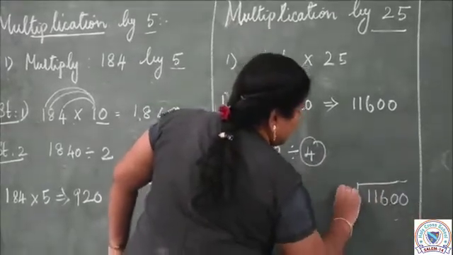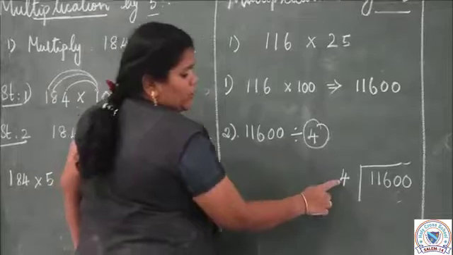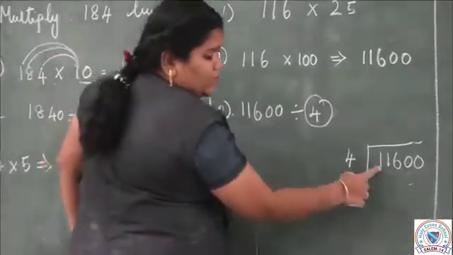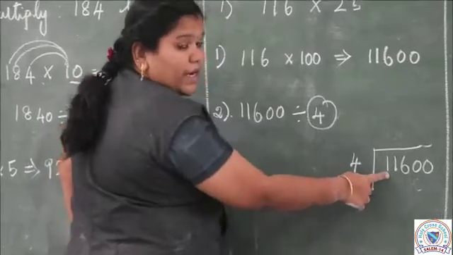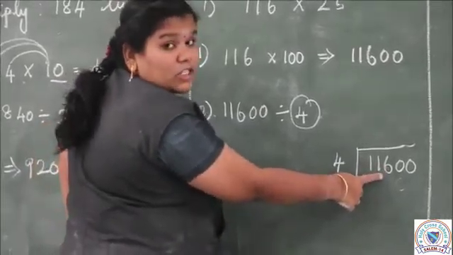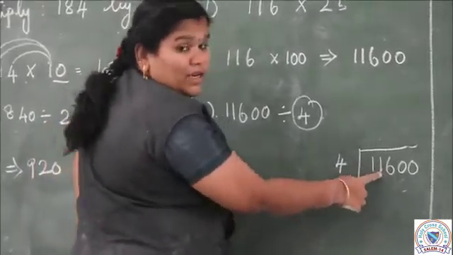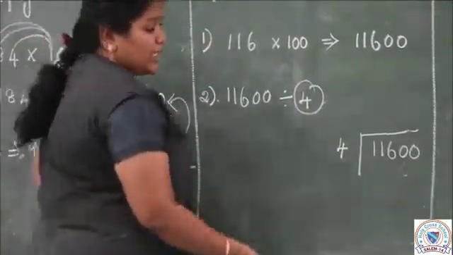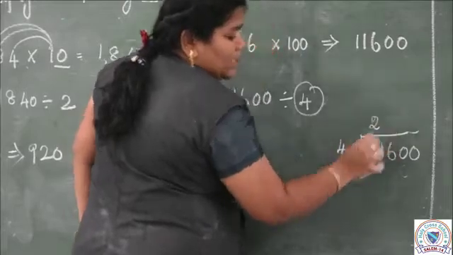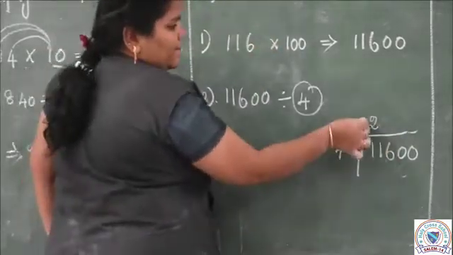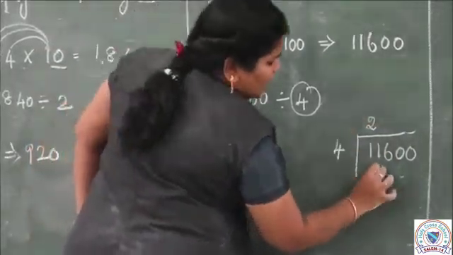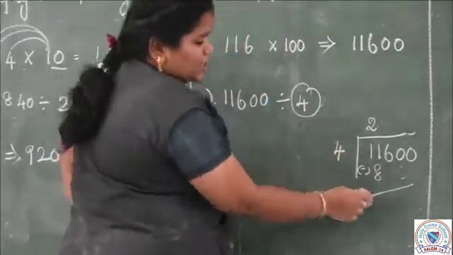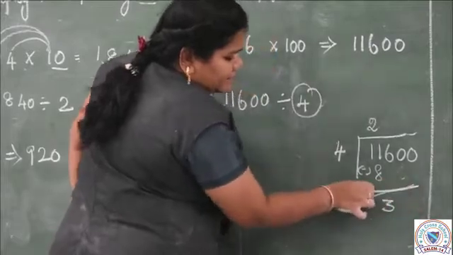Divide by 4, children. Now here 1 digit, inside also 1 digit. If you take the first digit, you will not be able to divide. So take the second digit too. That is 11. How many 4s are there in 11? There are 2 4s in 11. Put that 2 in the place of quotient. Then multiply, 2 4s are 8. Subtract it, 11 minus 8, 3.